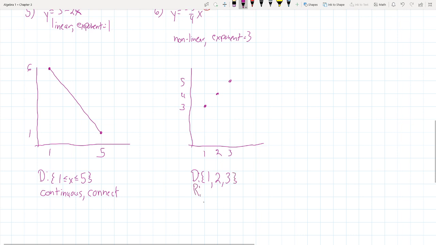The range, oops, I don't need the range. I was getting ahead of myself. I don't actually need the range. What I need to determine is if the domain is discrete or continuous. In this case, it is discrete. And we can tell because these are just a bunch of dots. They're not connected.